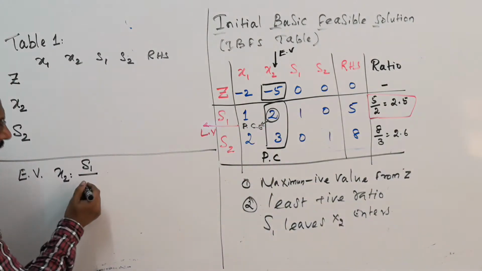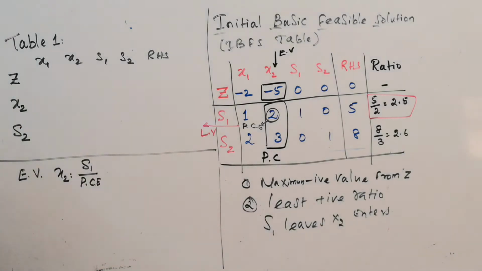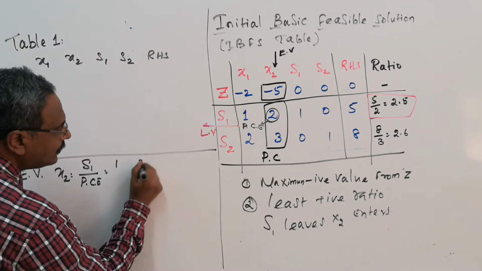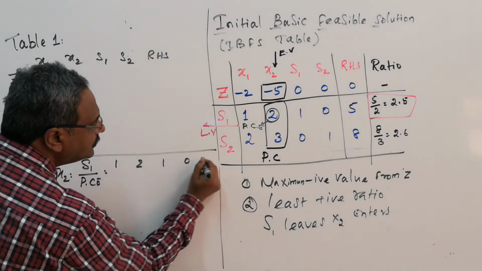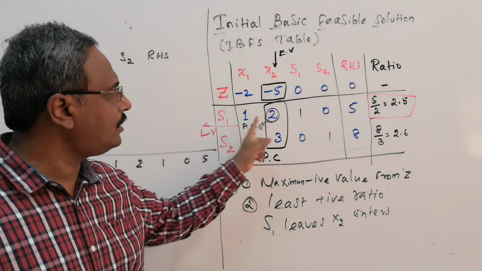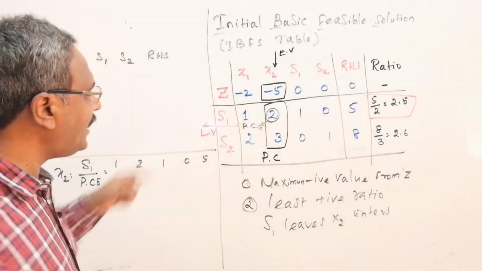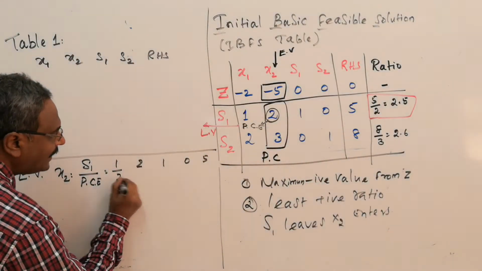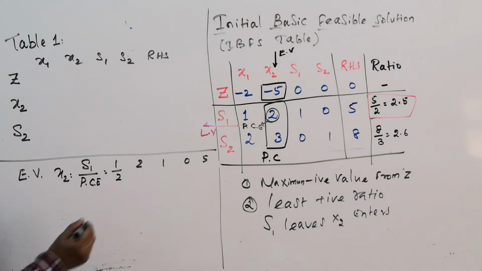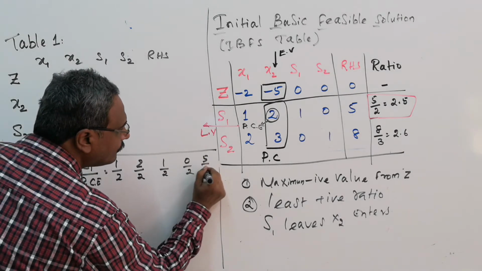I am going to take the values of S1: 1, 2, 1, 0, 5. I am going to divide all the numbers by the pivotal column element. What is the pivotal column element here? 2. So I am going to divide all the values by 2.